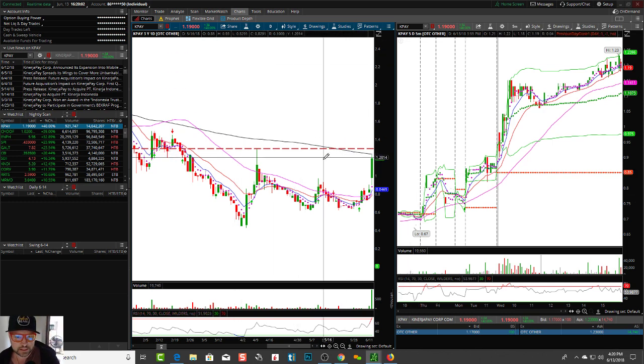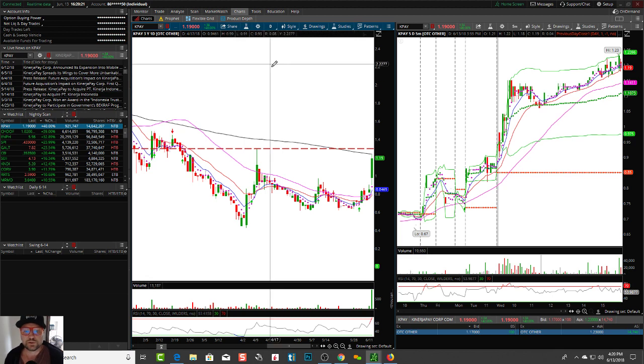So maybe I'll put that one on to see if it can get above that 130 area. I don't like that pattern. I'm not going to put it on. I just don't like it. It's got to get above the 200 SMA. It's overextended, and there's that resistance right around that 129. On a day, it looks like it might be bearish tomorrow, so I don't know if I like that.